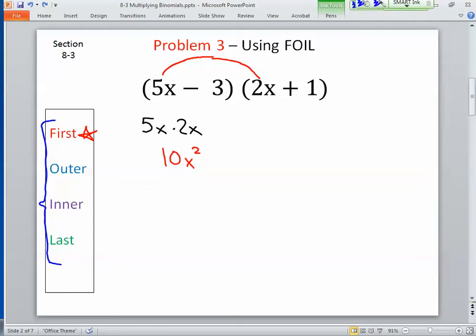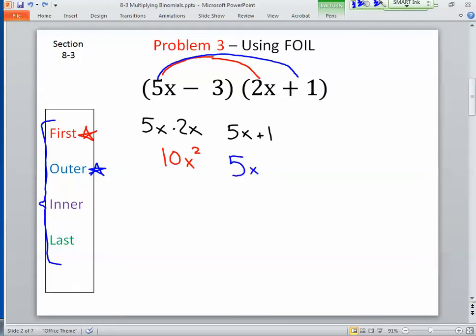My next step is to multiply the outermost two terms. So that would be this 5x times my positive 1, and that's going to be equal to 5x.